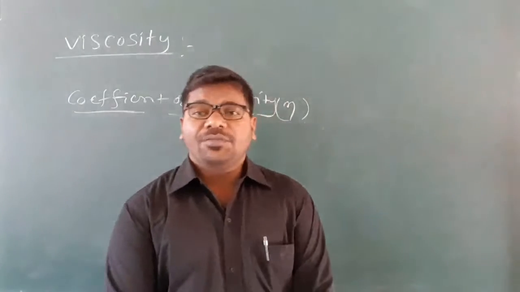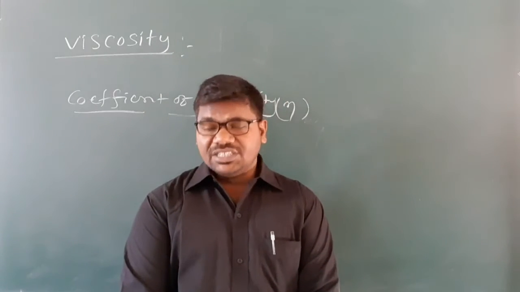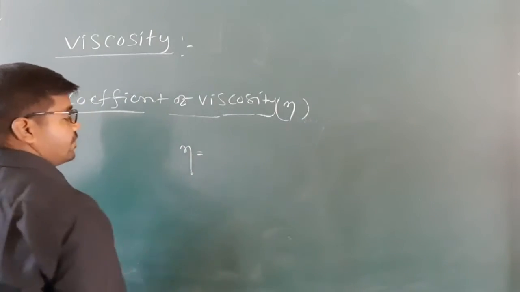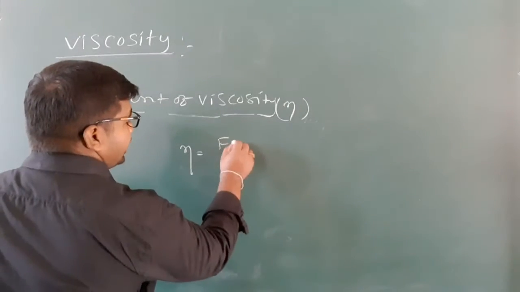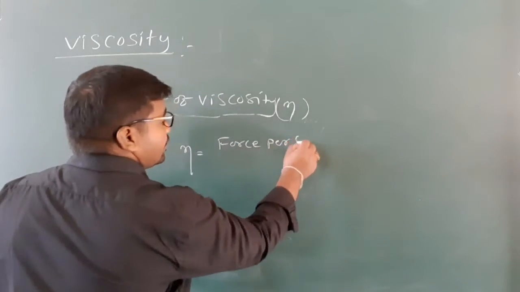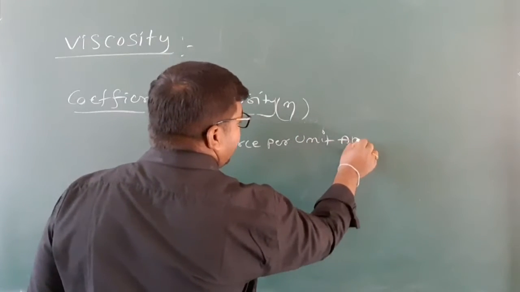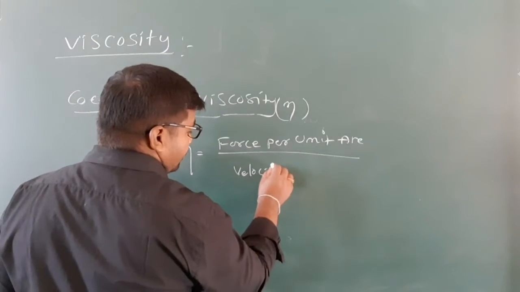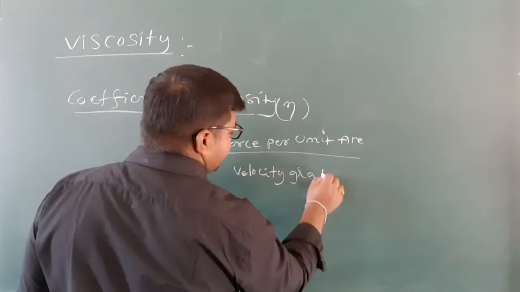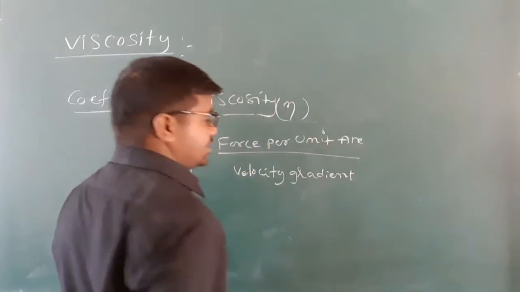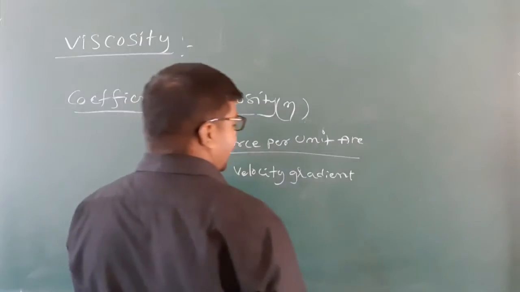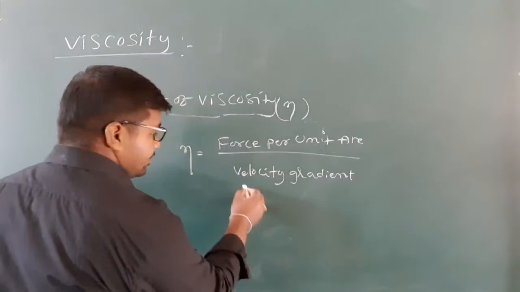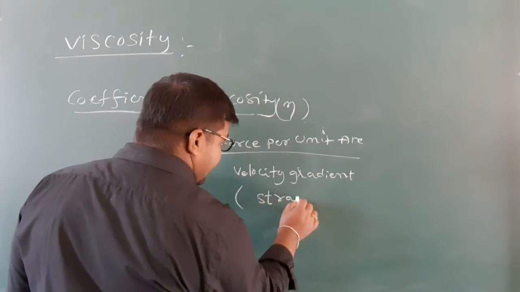Coefficient of viscosity is defined as force per unit area to the velocity gradient. Velocity gradient, my children, we can also say strain rate.